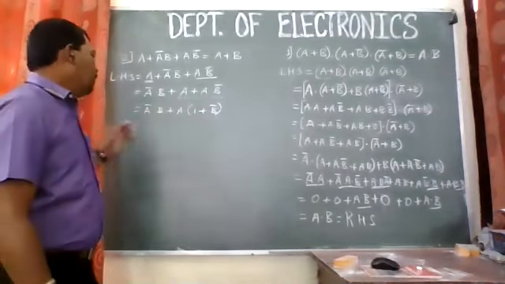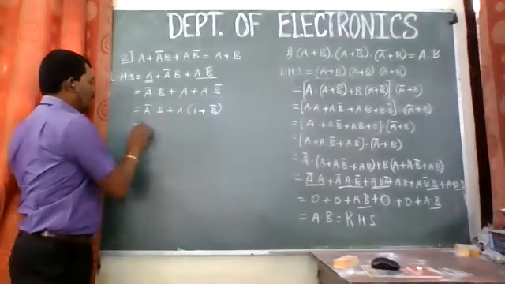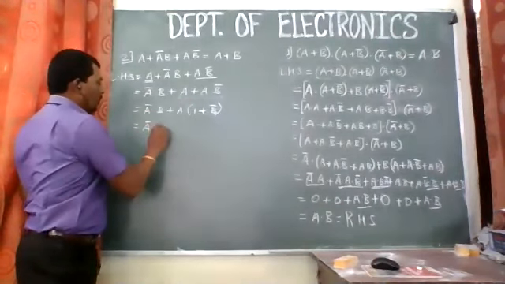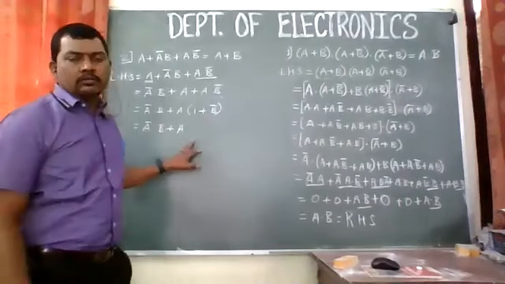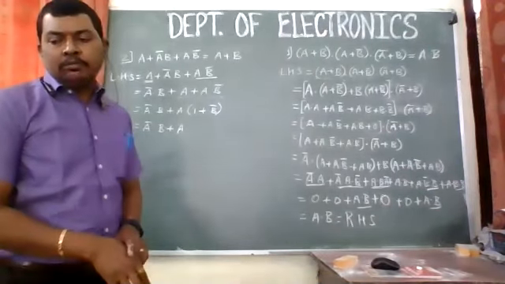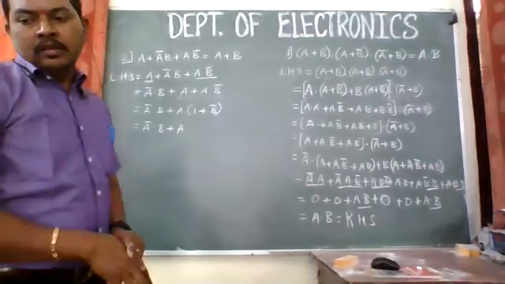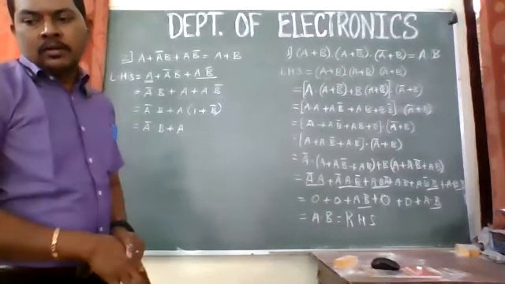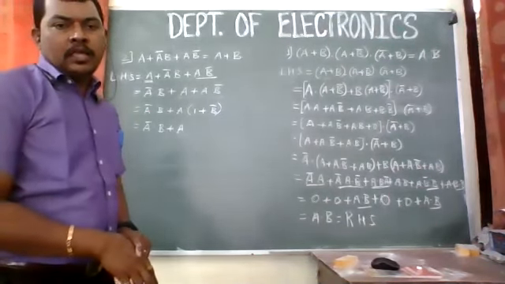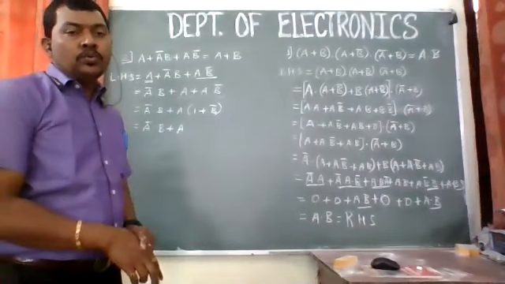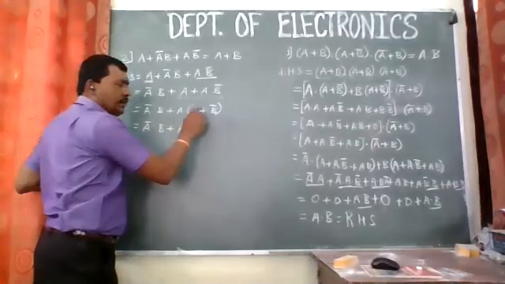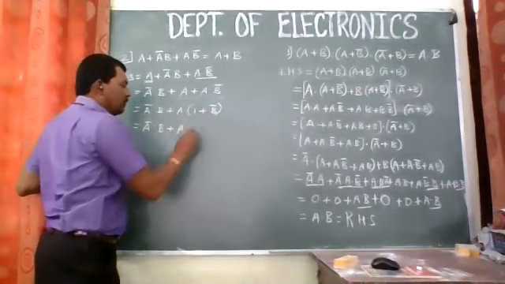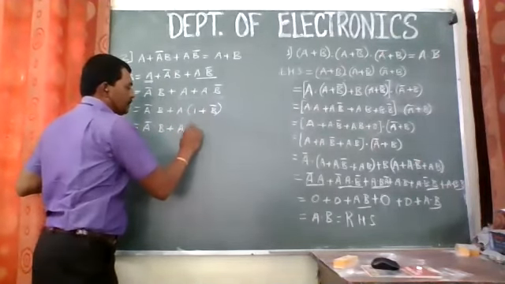Now a bar dot b plus a, and 1 plus b bar will give you 1, right? 1 plus any term will give you 1.